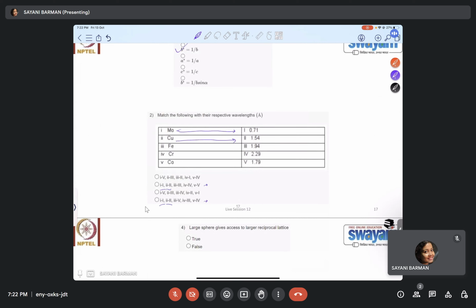So the deciding factor is 3 is 3 or 3 is 5. It is 1.94 for iron, for chromium it is 2.29, and for cobalt it is 1.79.